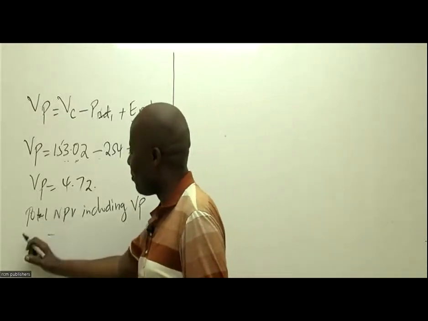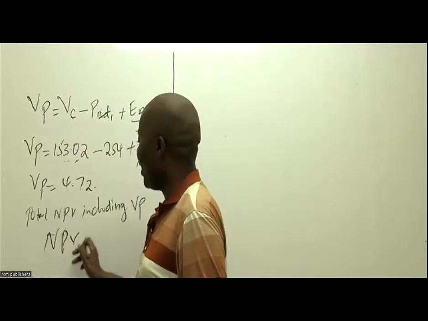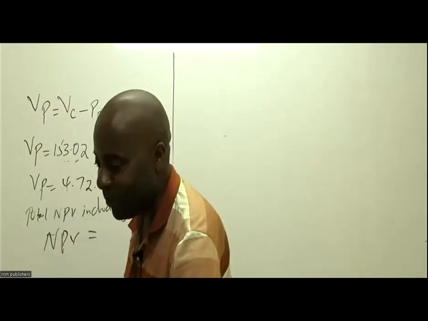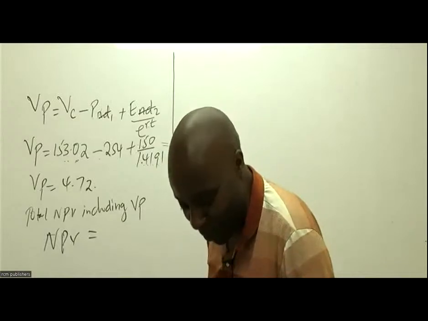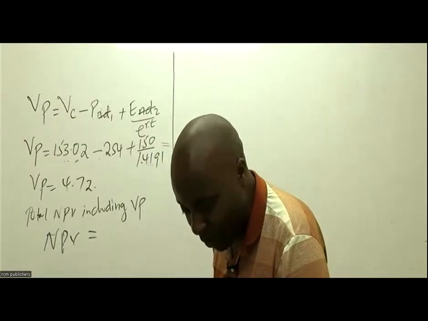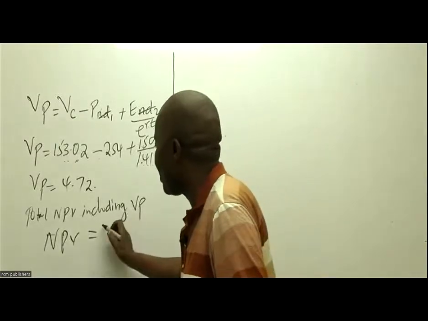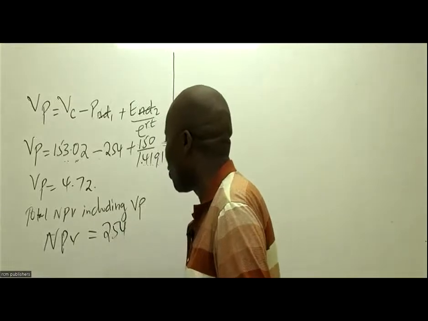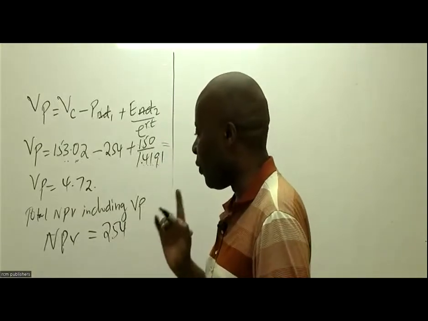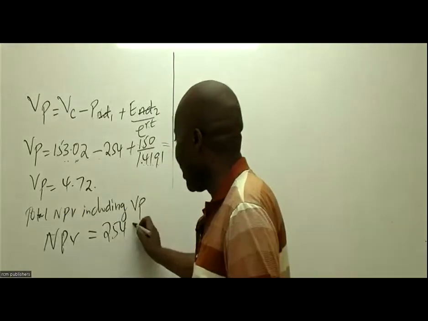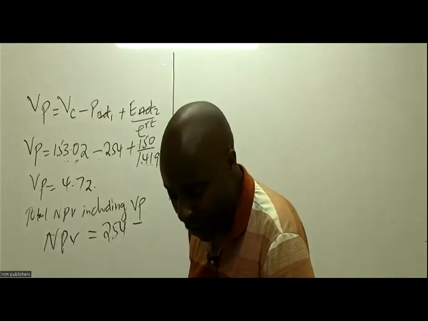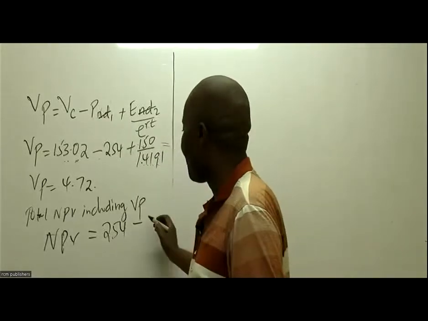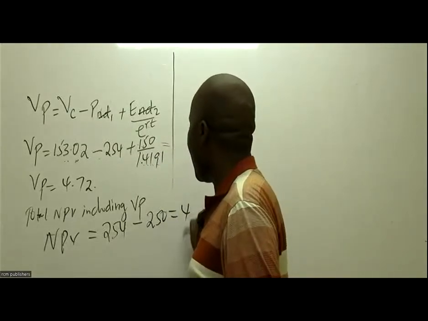So the NPV of the project, ladies and gentlemen. I remember this project has a cash inflow which has been discounted, present value of 254, minus a cash outlay of 250. So this gives me an NPV of 4.